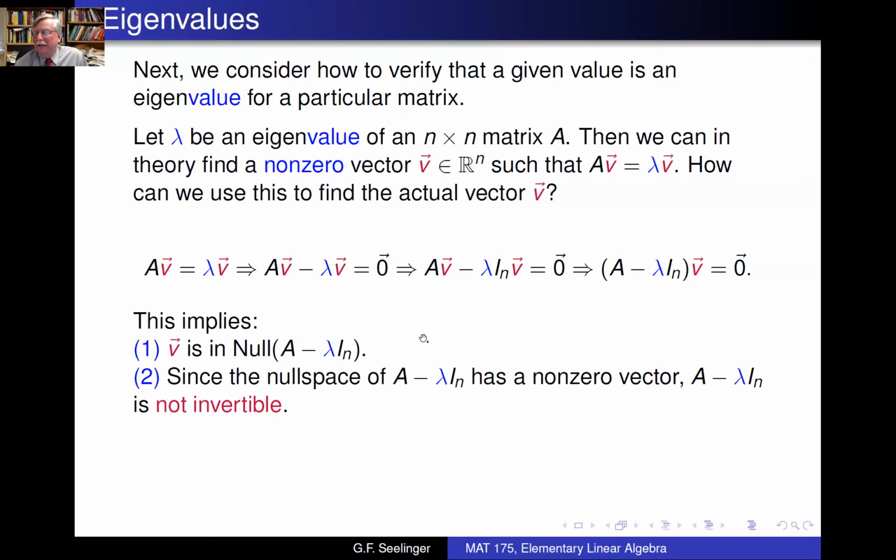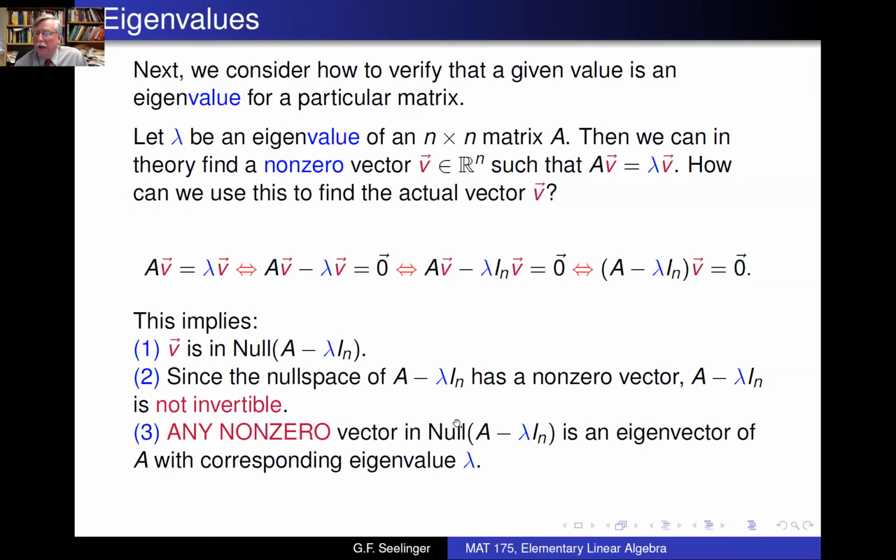Since the null space of A minus lambda I has a non-zero vector, that means that A minus lambda I is not invertible. Not invertible, that's important. That means any non-zero vector in the null space of A minus lambda I is an eigenvector of A with corresponding eigenvalue lambda.